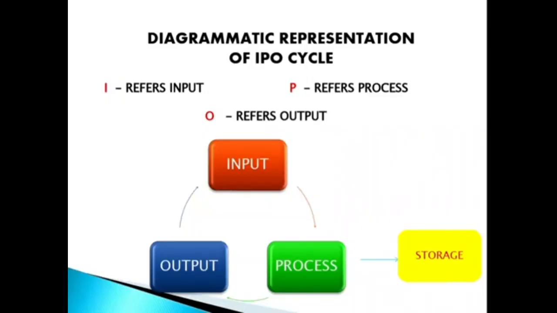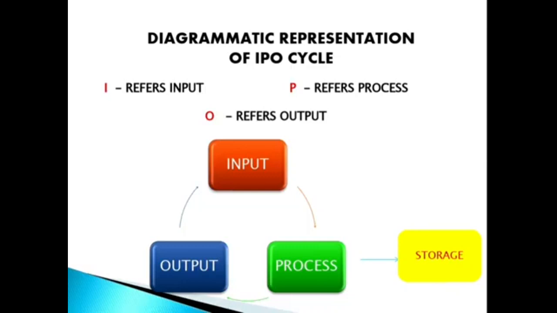Next, we see the diagrammatic representation of the IPO cycle. The IPO cycle contains three stages. Stage 1 is the input stage, stage 2 is the process stage, and stage 3 is the output stage. I refers to input, P refers to process, O refers to output.